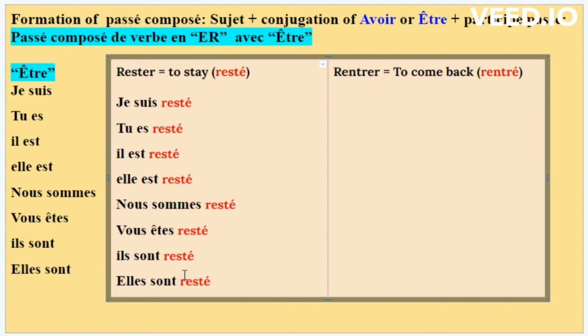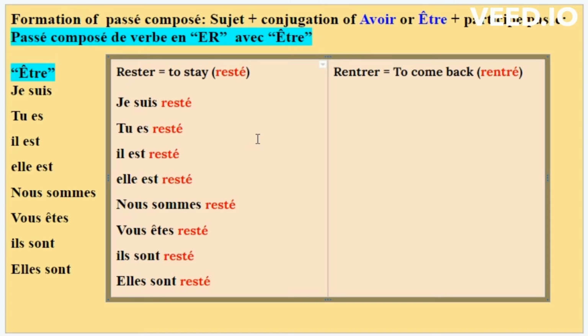However, because we are using the verb être to conjugate this verb au passé composé, there are some changes that we do not have with the verb avoir that are going to occur here. Let's look at what is going to happen. Now, if we are conjugating a verb in the passé composé with the auxiliary verb être, the verb must agree in gender and in number.